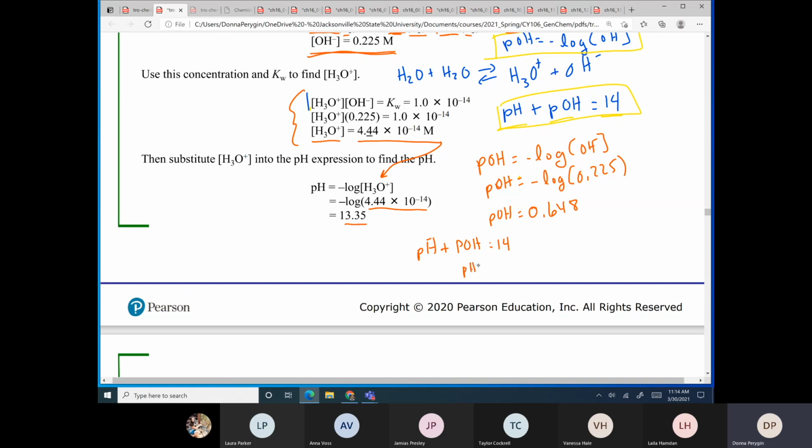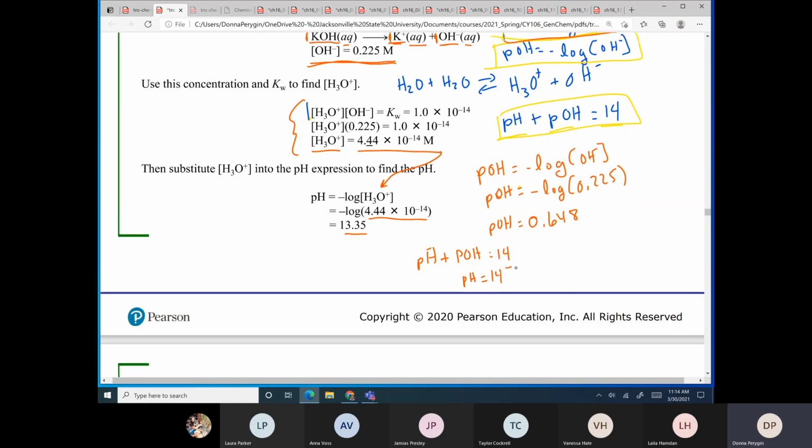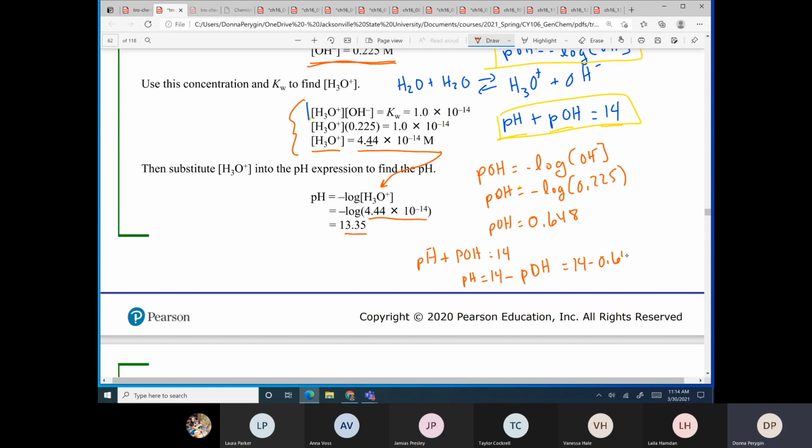So the pH is equal to 14 minus pOH, right? Okay, so that's going to be equal to 14 minus 0.648, which is equal to, so I just take my calculator, I just put in plus 14 here because I already had the negative 0.648, and that gives me 13.352.